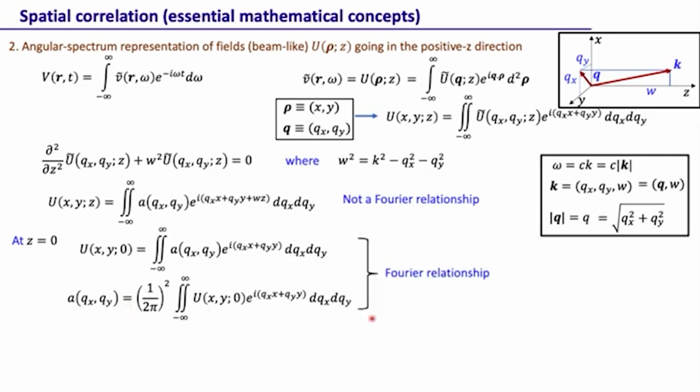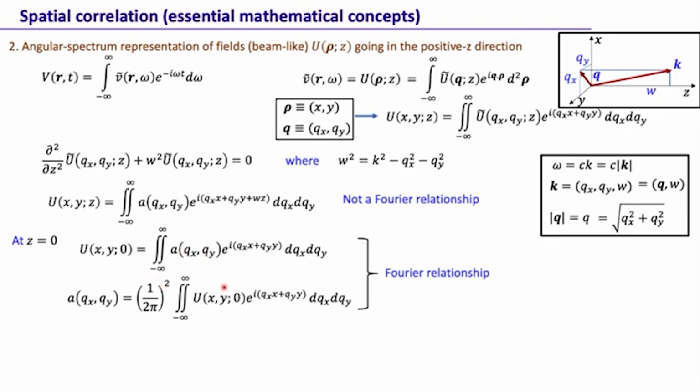So these two are Fourier transforms, and u(x, y, 0) and A(qx, qy) actually form a Fourier relationship. This is just like time and frequency forming a Fourier relationship: we have this two-dimensional space coordinate and this two-dimensional spatial frequency vector that form a Fourier pair.